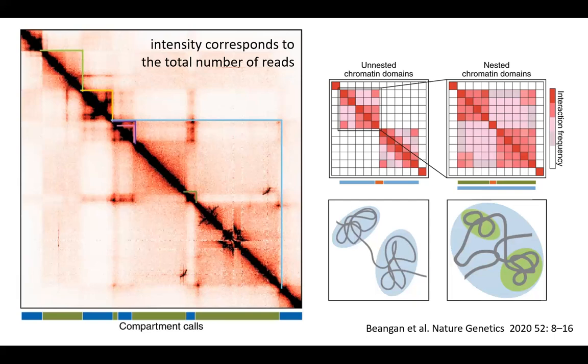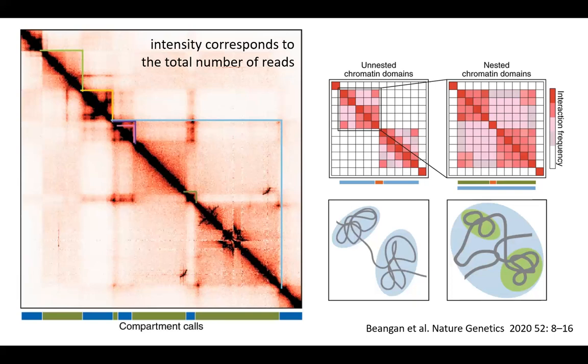And by looking at these kind of figures, they were able to find that these chromosomes tend to have these blocks of boundaries that show a higher frequency of connection or interaction within these blocks, but then there are boundaries such that you don't get as many interactions between positions along this block and positions along this block.